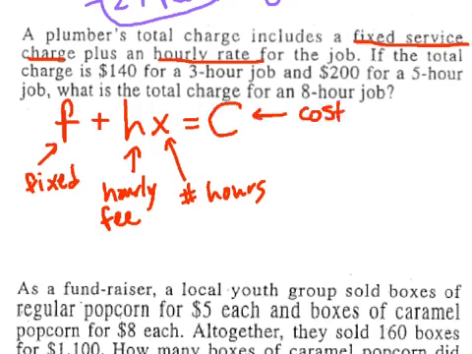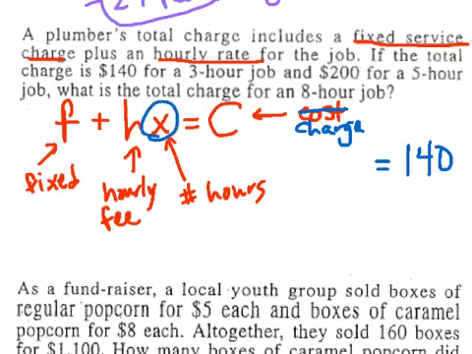Okay, so if the total charge is $140 for a 3-hour job, so the cost is the charge. So $140 for a 3-hour job, so that's 3 times h.